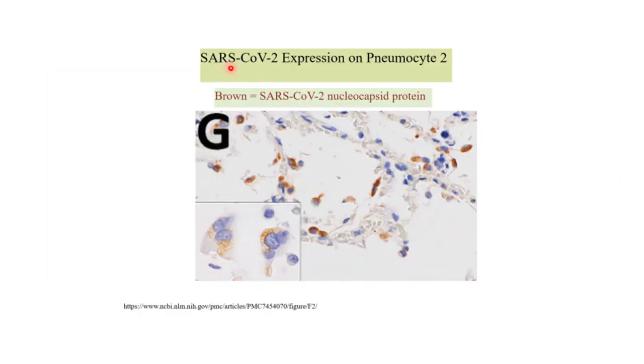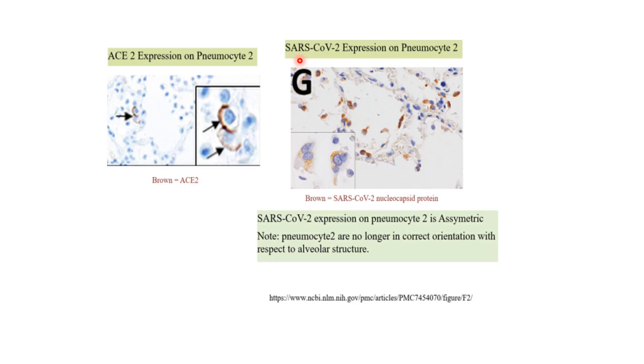Now look at SARS-CoV-2 expression on Pneumocyte2. Brown equals SARS-CoV-2 nucleocapsid protein. So this is the slide showing SARS-CoV-2 expression on Pneumocyte2. If you look carefully, you'll see SARS-CoV-2 expressed on this side of the cell, but not on this side.